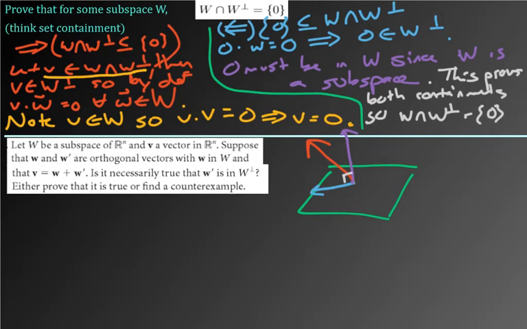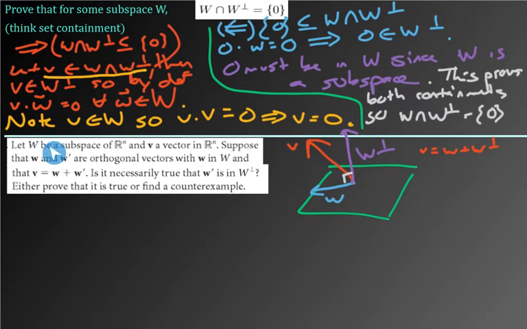Some vector v can equal w plus, typically we've been calling this w perp. So v equals w plus w perp. It is true that this should always be able to happen, but this is an interesting puzzle that makes it seem like that's what's happening, but actually there's going to be a counterexample to this thing.